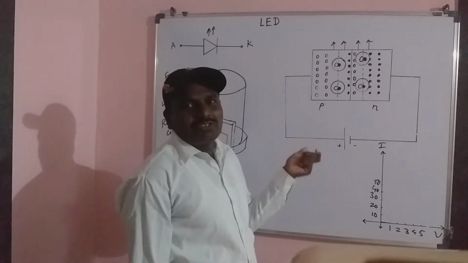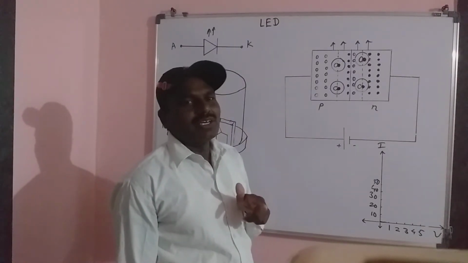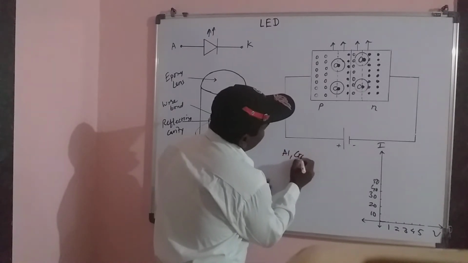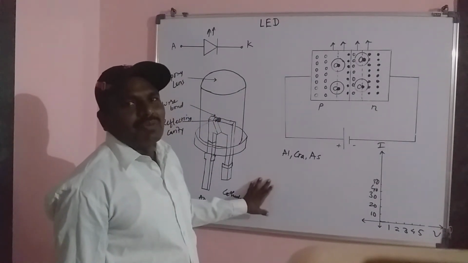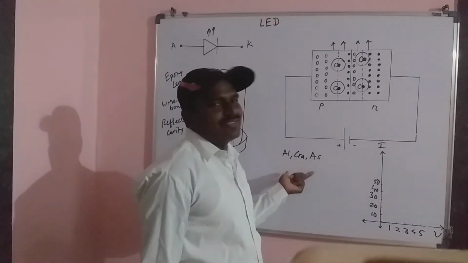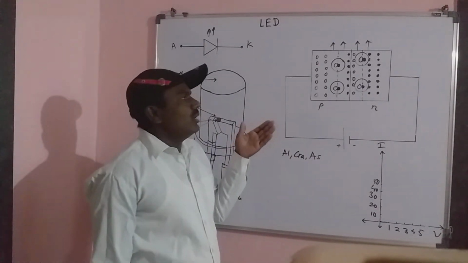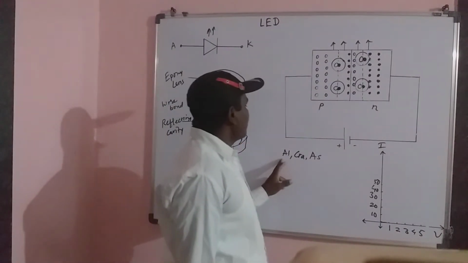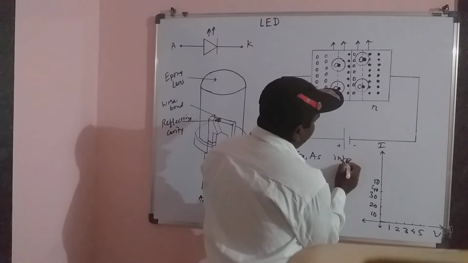An LED is fabricated using a compound semiconductor. In it, aluminium, gallium and arsenide materials are used. By varying the proportion of these semiconductor materials, light of different wavelengths is emitted. Aluminium gallium arsenide gives infrared rays.